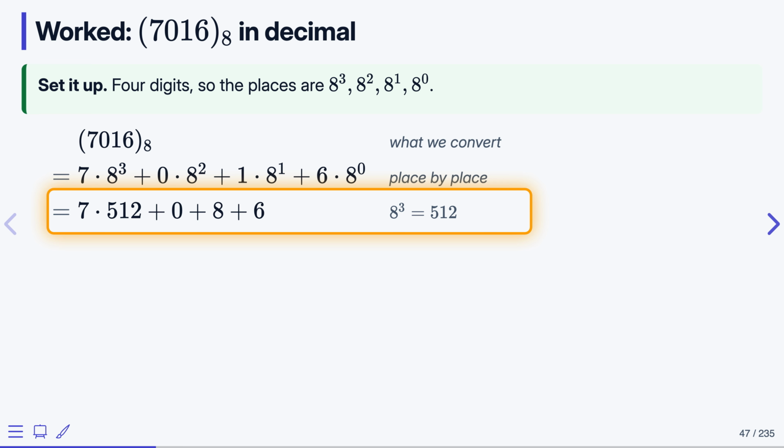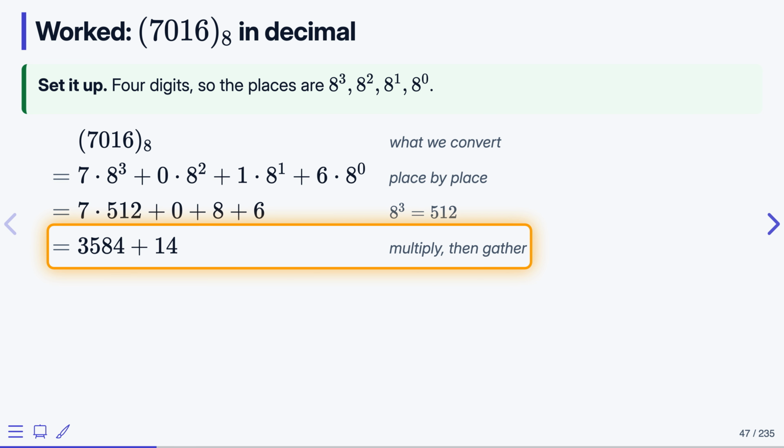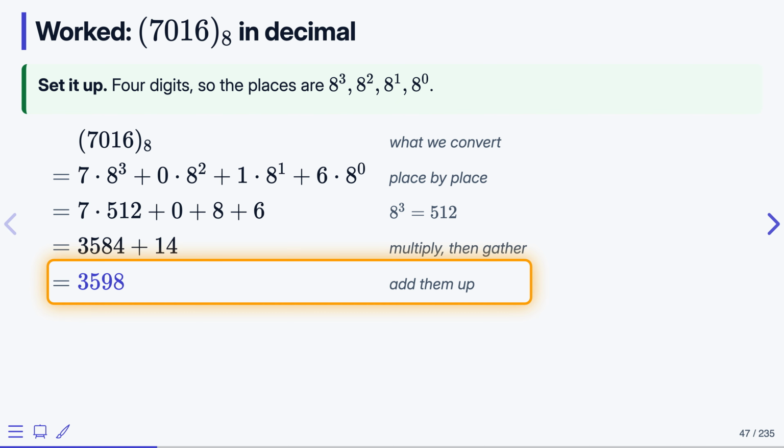Step 2. 8 cubed is 512. The second term is 0, so it drops out. Step 3. 7 times 512 is 3,584. The small terms add to 14. Step 4. Add them. The answer is 3,598.